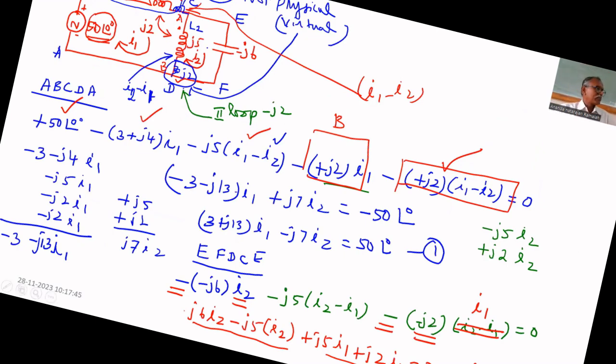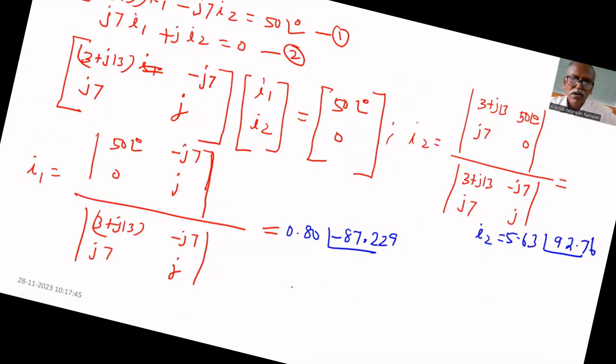That is the question. What is VJ5? VJ5 equal to J5 multiplied by I1 minus I2.